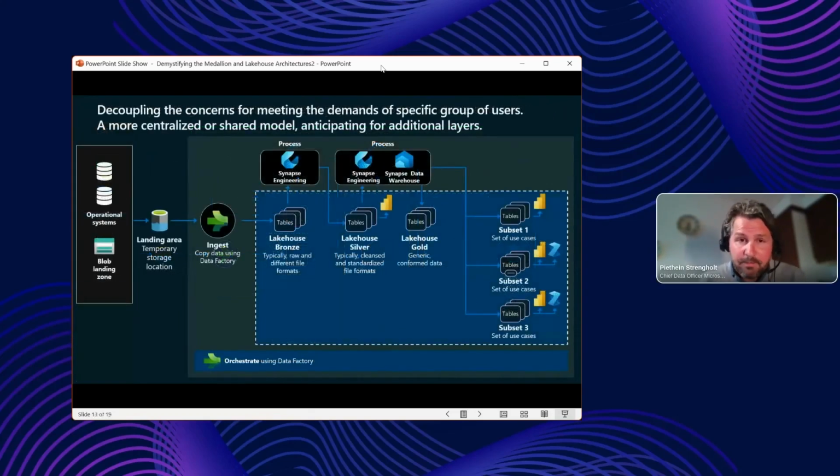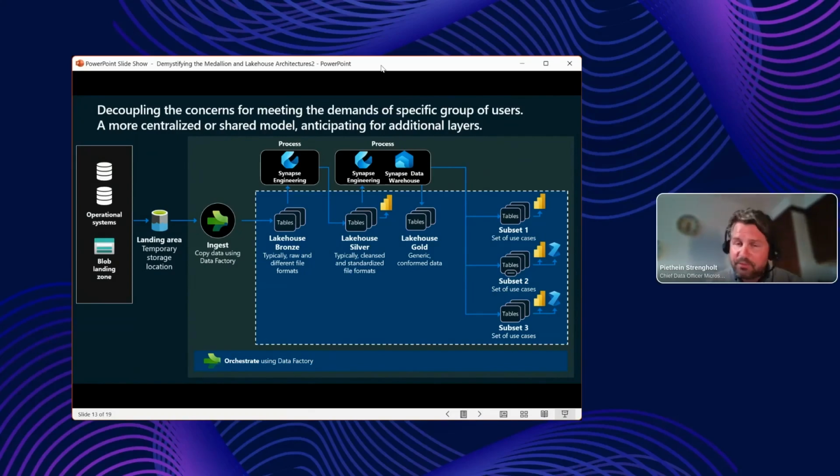Another nuance or variant I see: imagine a larger central team that takes ownership of all data ingestion and integration for the larger enterprise or larger scope. So we ingest that data, we clean it up, and then we have this classic gold integration layer in which we have all data integrated and combined.